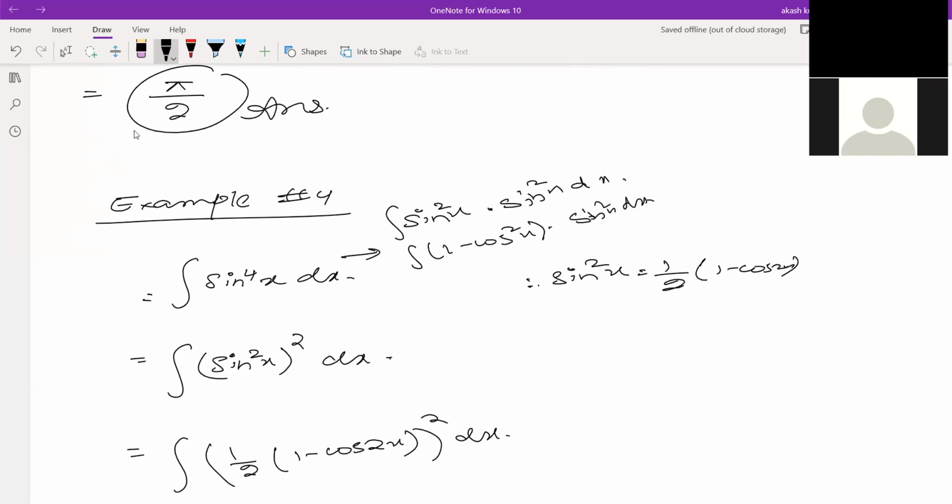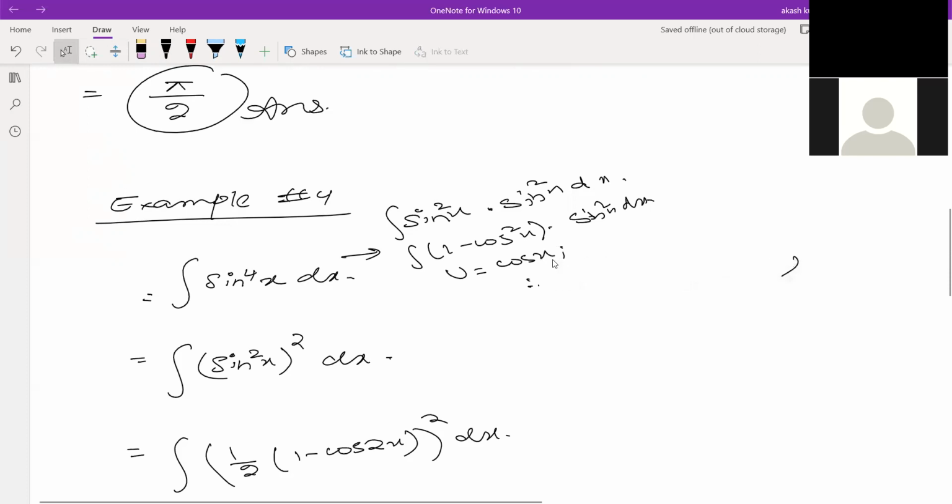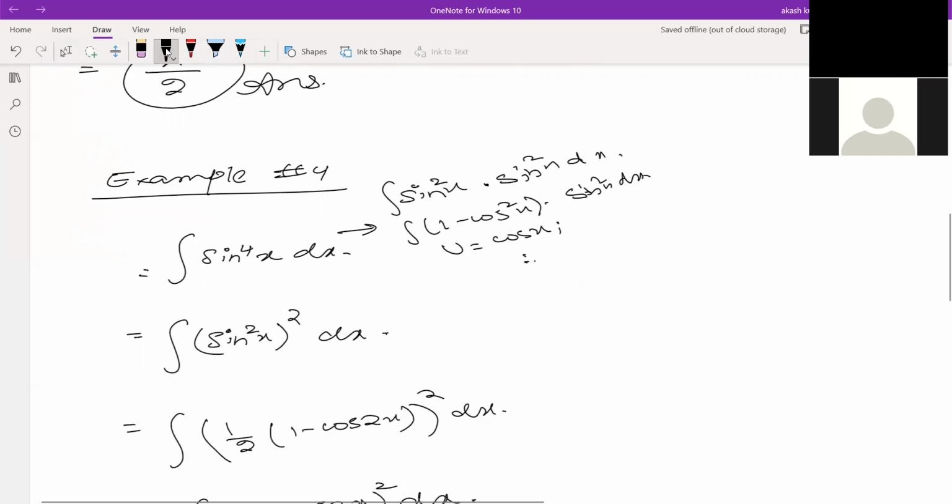If I choose u equals cos x, then my du is going to be minus sine x dx.